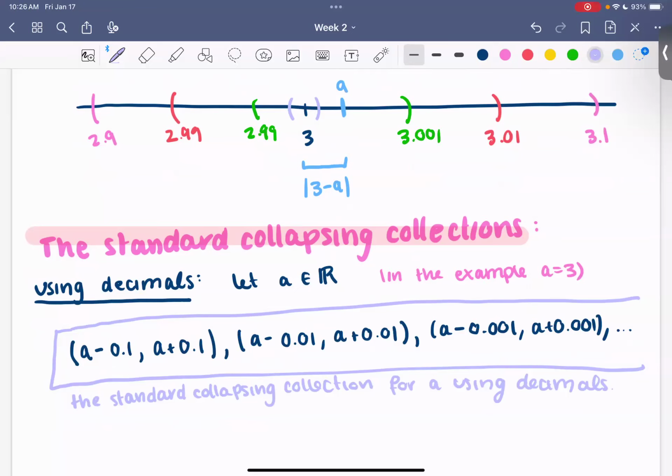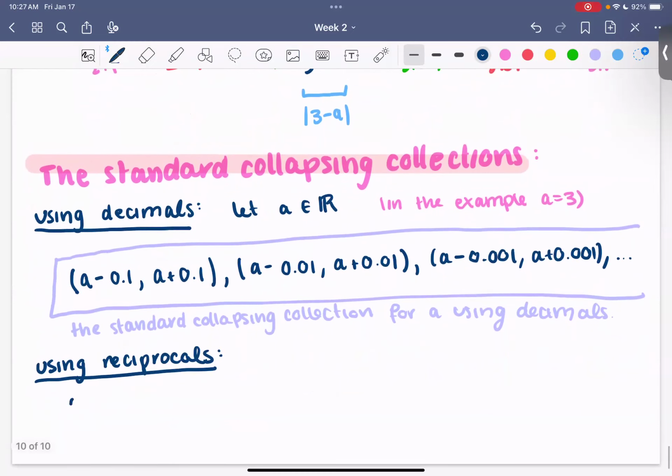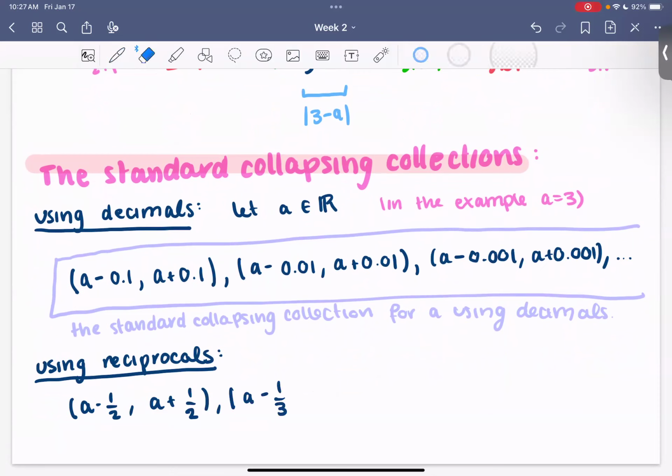So here's the one using, and they say reciprocals. So yeah, here's the other one. It would be a minus 1/2, a plus 1/2, a minus 1/3. Oh, you know what? I think they actually start at 1, so let's do that too.